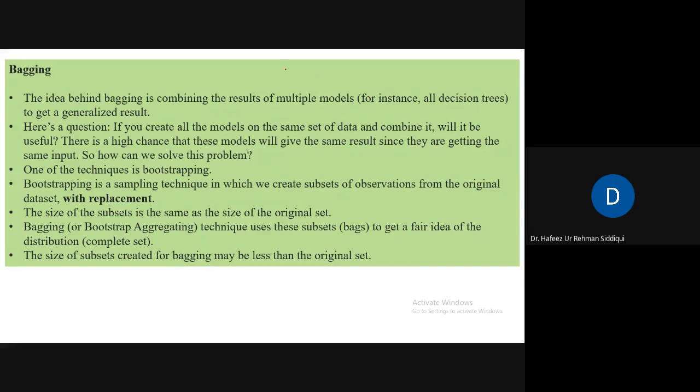The idea behind bagging is combining the results of multiple models. So you have a data set and you apply it to multiple models. If you give it to model 1, M1, and the same data set to the same model, will that make some improvement?